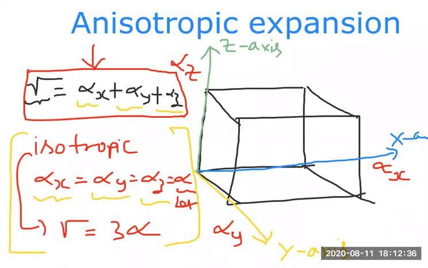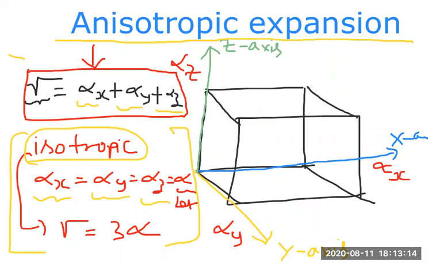Almost all solids have uniform interatomic distance. Because of uniform interatomic distance, we have the isotropic condition. When the interatomic distance is not uniform, in such a few solids, we will observe anisotropic expansion.